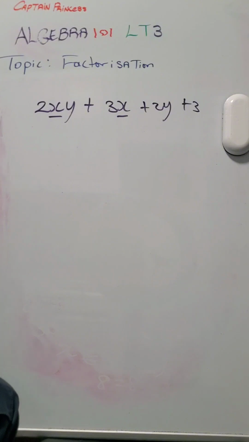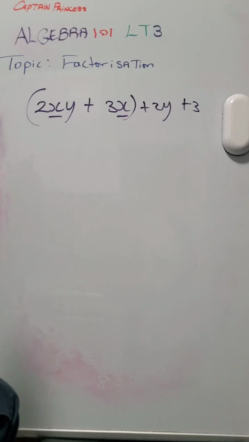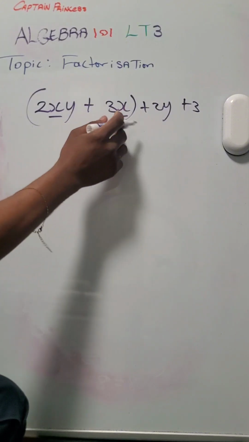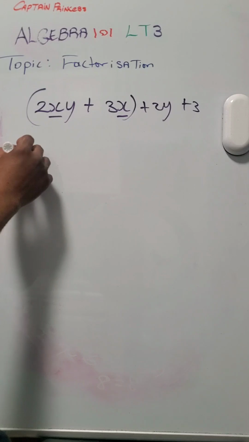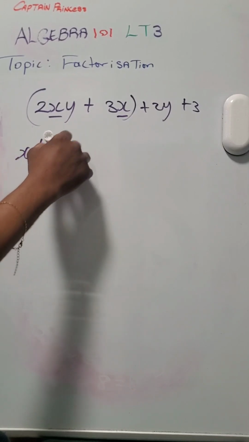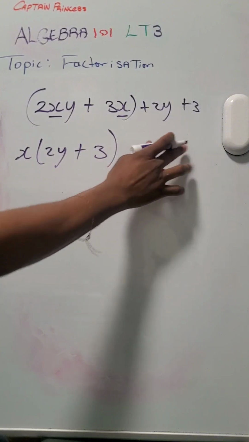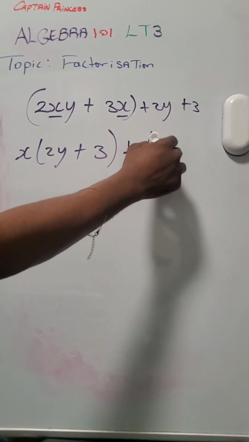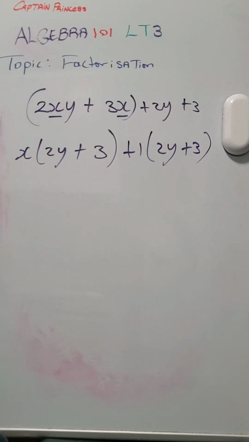Or if you can have one or more like variables in both terms, then you can say the rearrangement is proven correct. If you were to factor out what is common to both terms here, which is x, then you will end up with 2y plus 3, and automatically you see this one fall into place. If you were to factor out a 1, you end up with 2y plus 3.